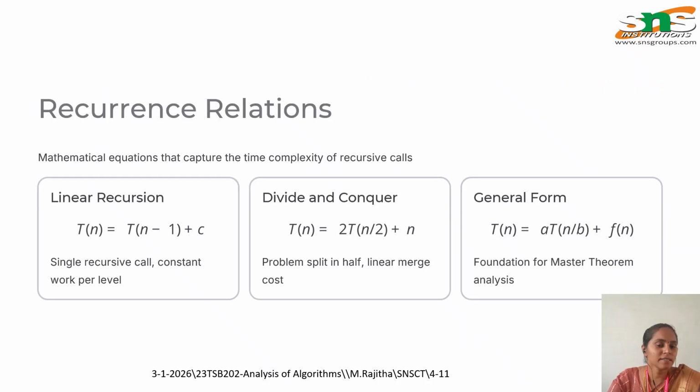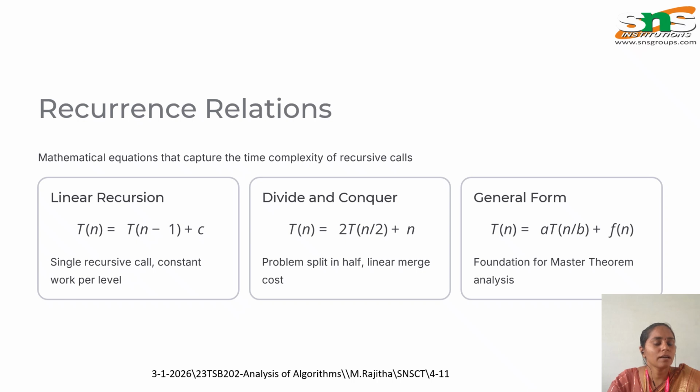Recurrence relations. To analyze recursive algorithms, we use recurrence relations. A recurrence relation is a mathematical equation that describes the running time of a recursive algorithm. Common types: linear recursion and divide and conquer.